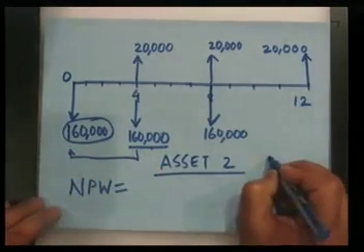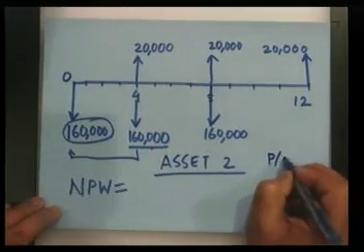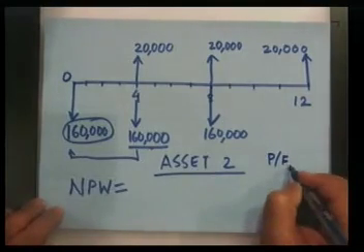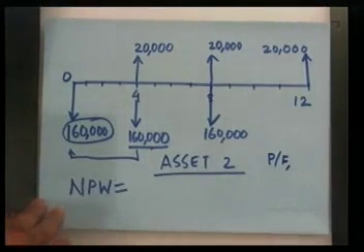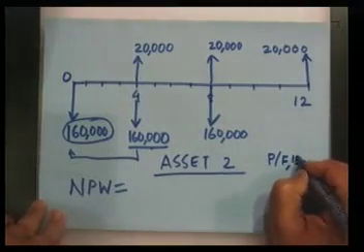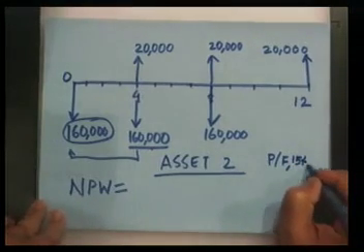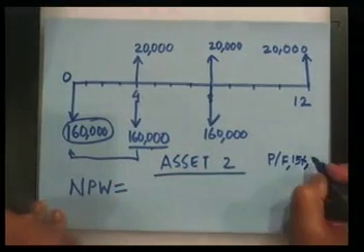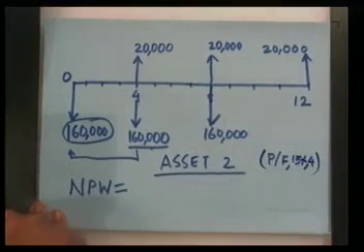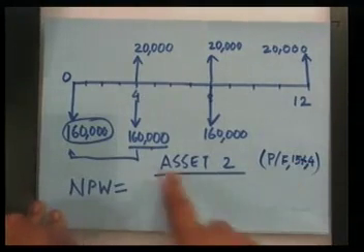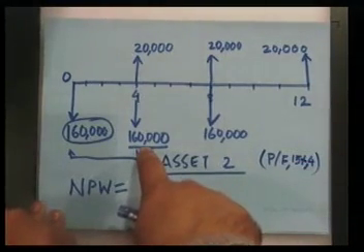I will use P given F, for an interest rate of, let us say, 15%, for how many years? 4. So, this factor I will see from the table and multiply it with this 160,000.